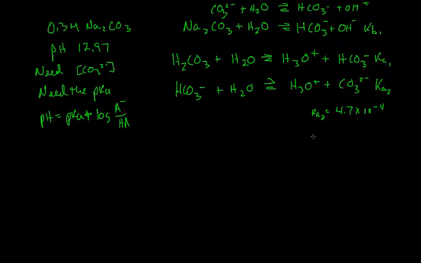Okay, so for the pKa, if we knew the Kb, we could, for instance, figure out the initial pH of our solution: use the Kb, calculate our OH minus, and then calculate our pH. That's a different question. So in this case, we're going to calculate the pKa. We get out our handy-dandy calculator. pKa is equal to minus the log of the Ka.